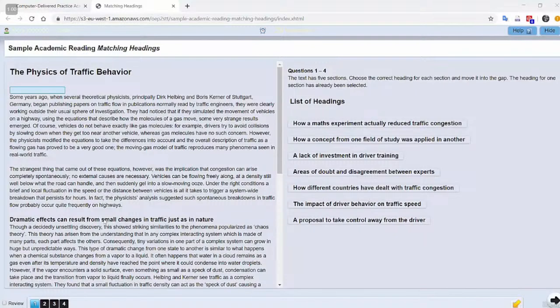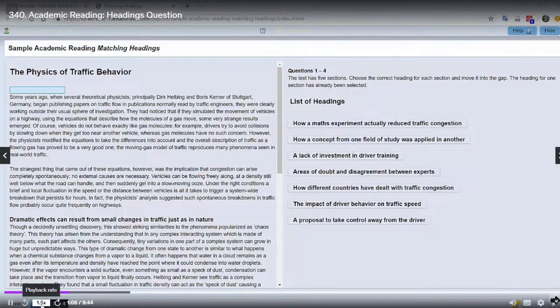So with this one, the focus is not really about teaching strategy. I'm going to talk about strategy, but if you want in-depth discussion and explanation of headings question strategy, go look at the live class videos that covered it, and also the lectures in the general section and the academic section that cover that topic.